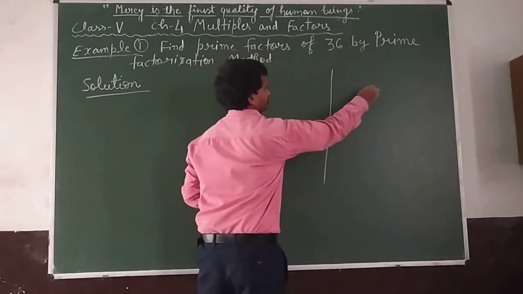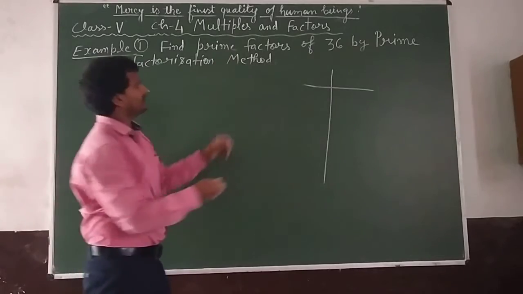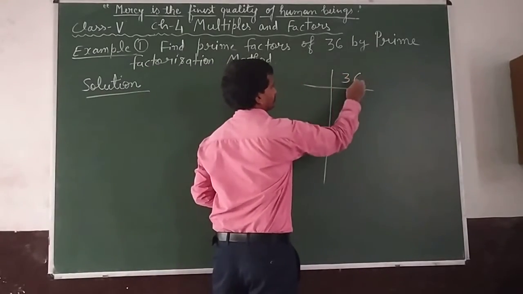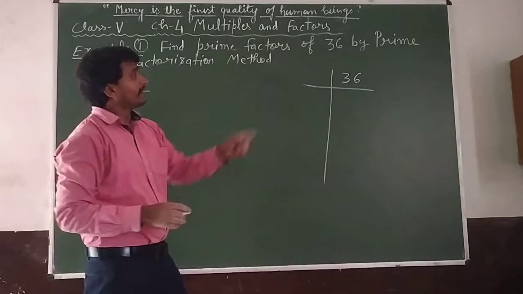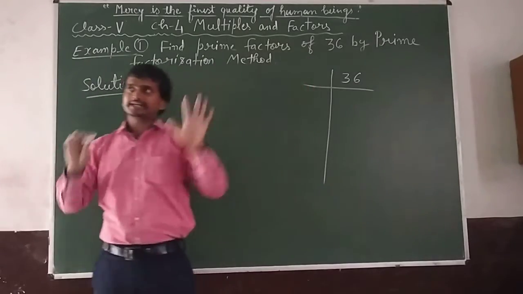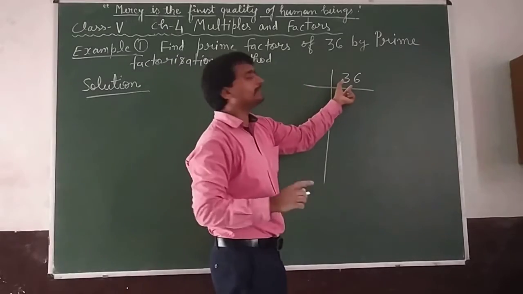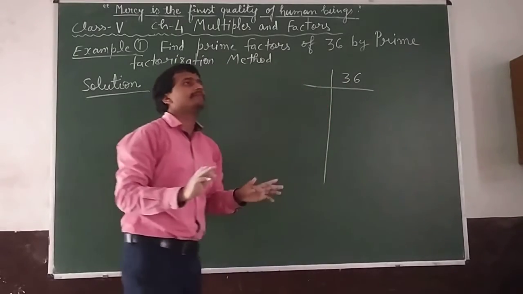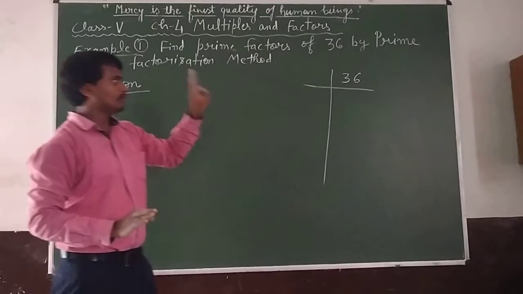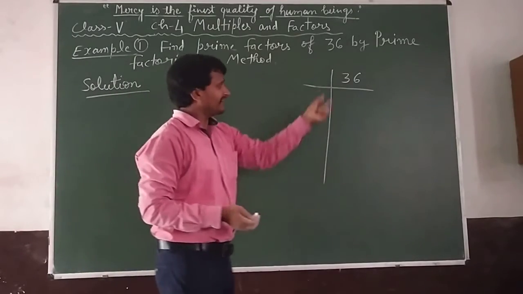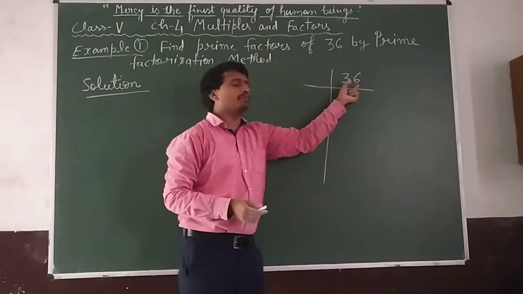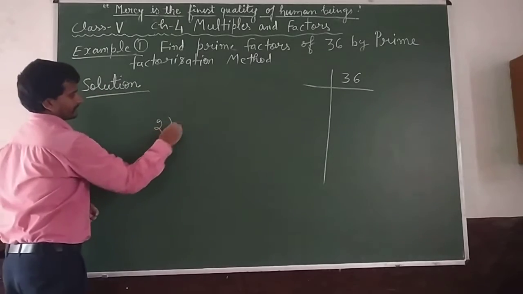Simple. Write down in this way. Right here, 36. We will select only prime numbers. We will start division only by prime numbers, and the smallest prime number is 2. So let us check, is 36 divisible by 2? Let us check it.